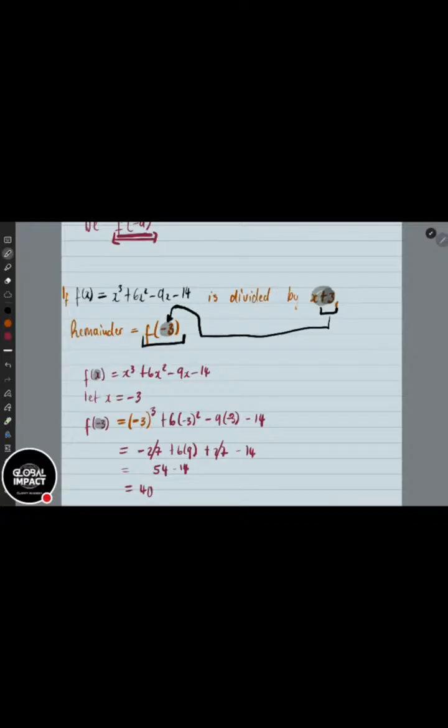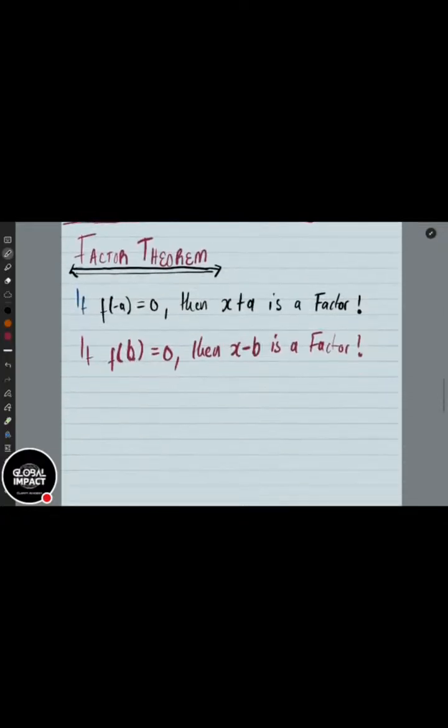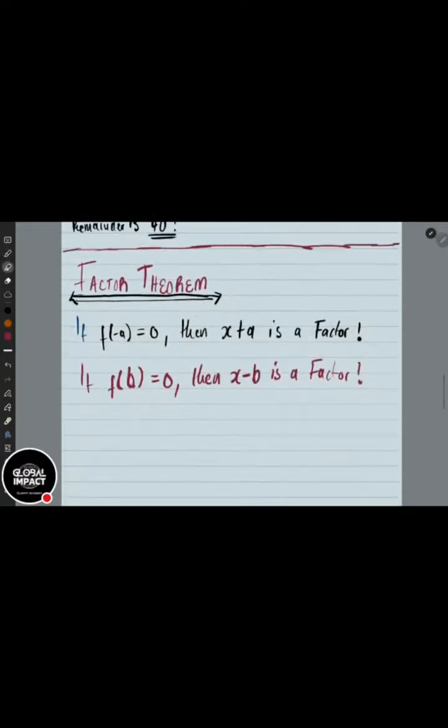So when you see yourself feeding a value into the function, you are looking for the remainder. Look, here, what did we do? We fed minus a. So what were we looking for? The remainder. And what remainder did we get? The answer became 0. So that means the remainder is 0.